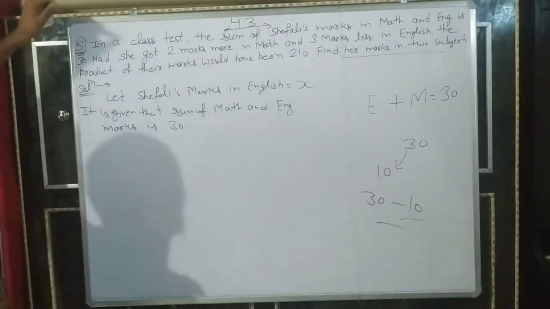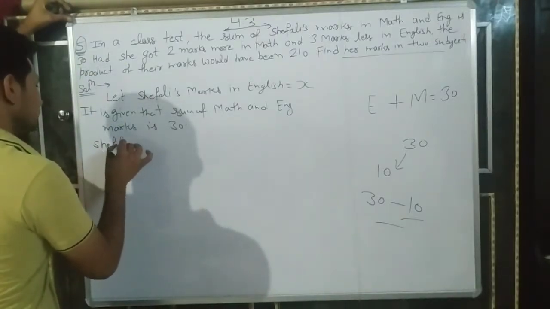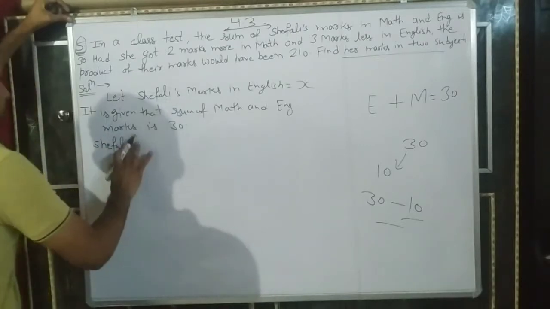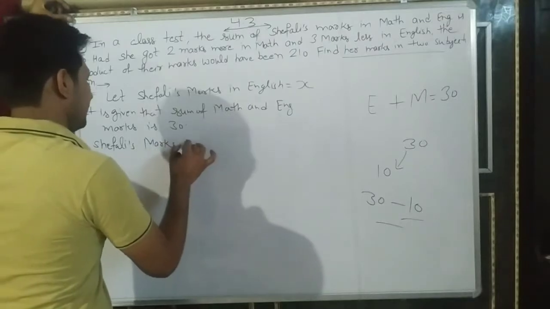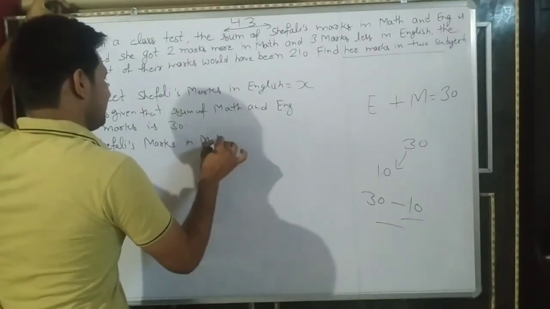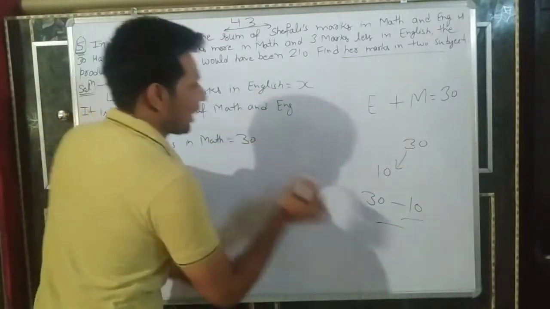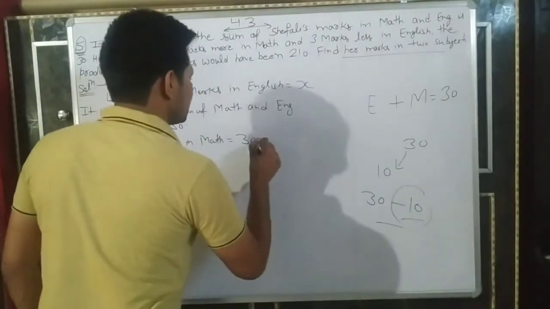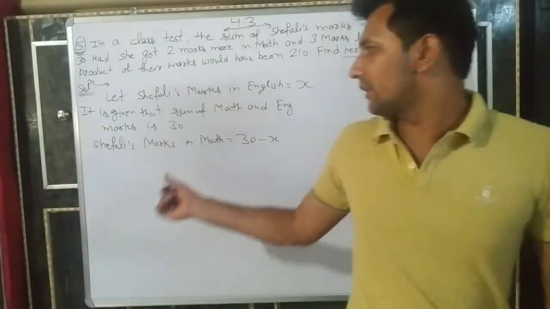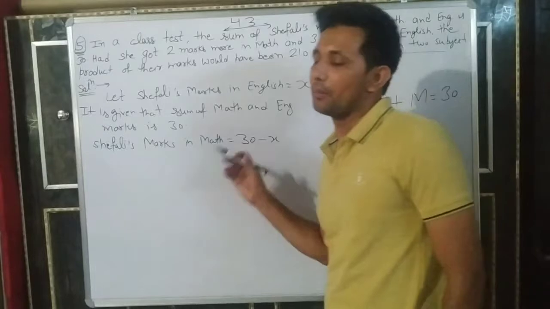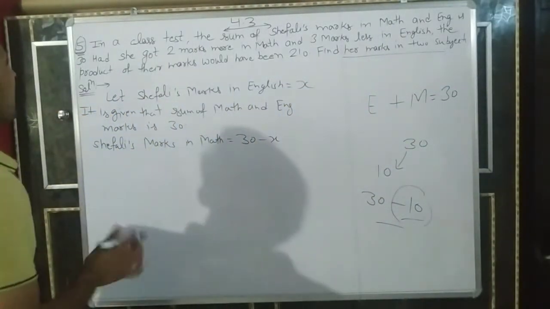So Cephali's marks in mathematics: total marks is 30 minus how much she got in English, minus X. Is that right or not? It is very simple. It is a linear polynomial, not an equation. 30 minus X.